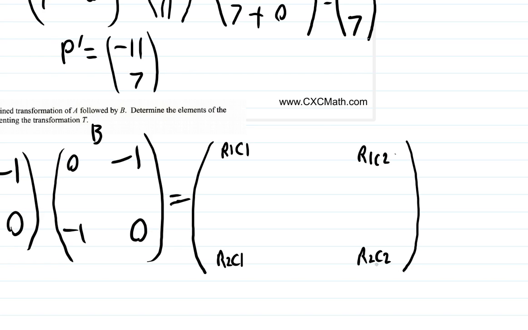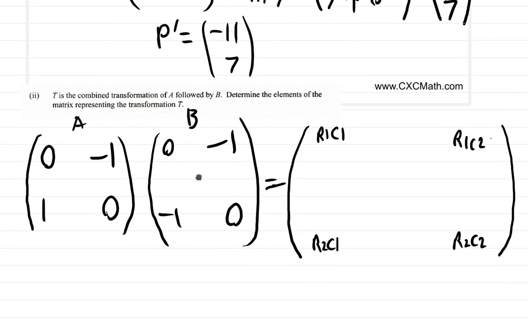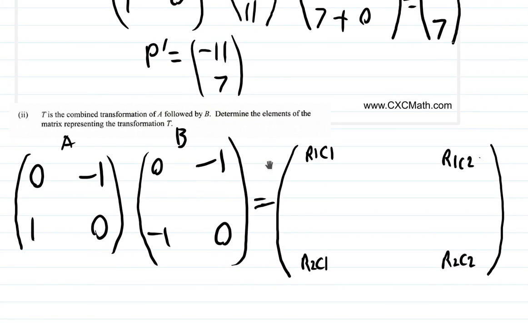Remember, I have another set of videos on matrices, and multiplication of matrices is included. So if you're not clear on what you should do at this point, you should check out those videos. Now, you're going to multiply row 1 by column 1.